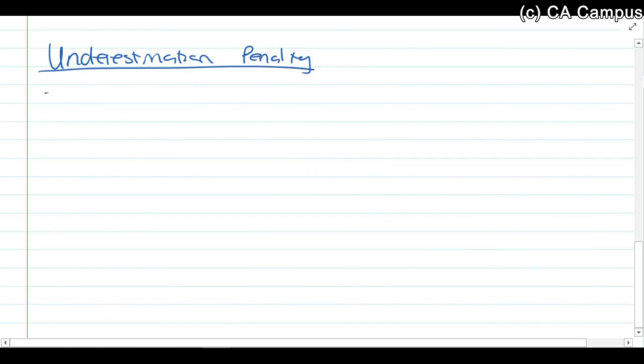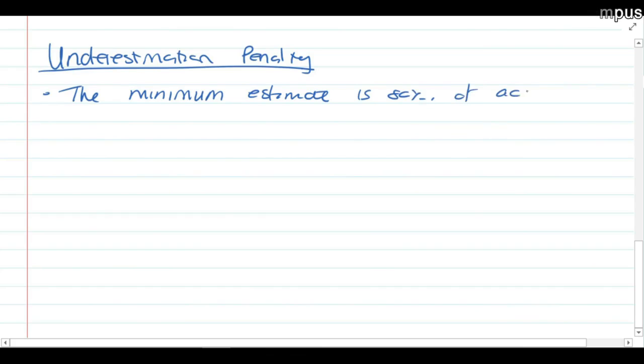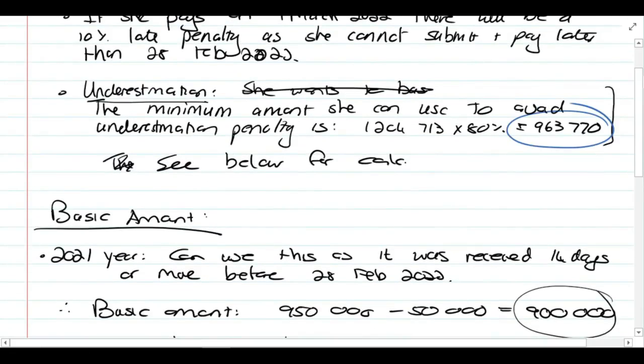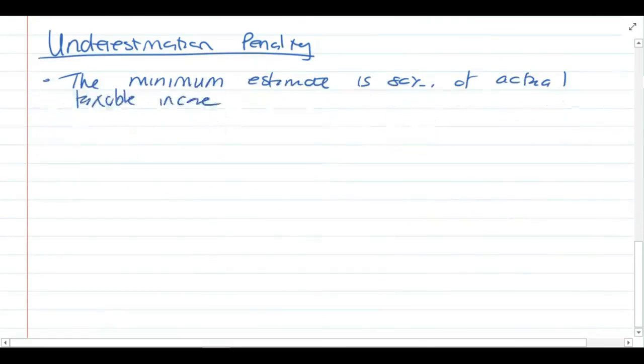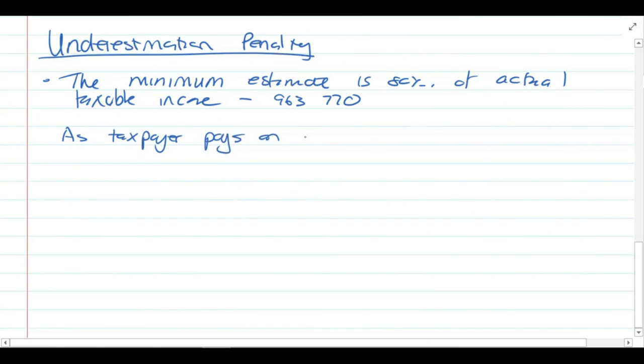The minimum estimate is 80% of actual taxable income, which we calculated above, 963,770. As the taxpayer pays on the basic amount of 900,000, there will be an underestimation.